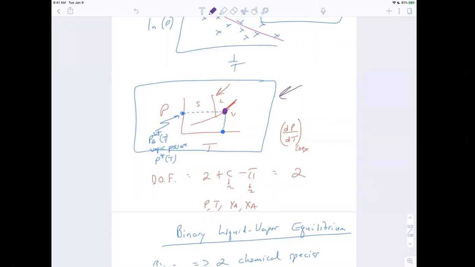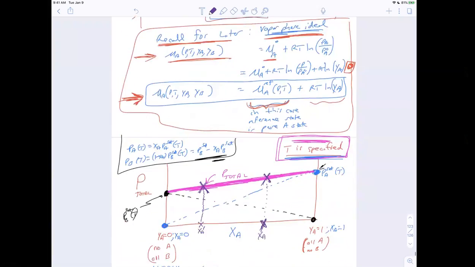If you're starting here where you have liquid and vapor, remember, at a particular temperature T, which doesn't change, as you increase the pressure, it becomes all liquid.